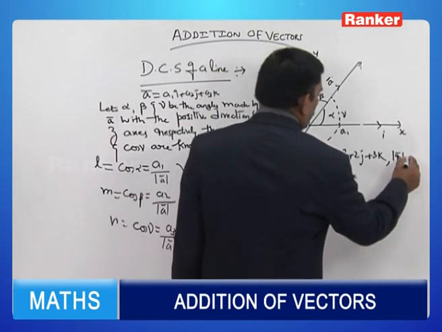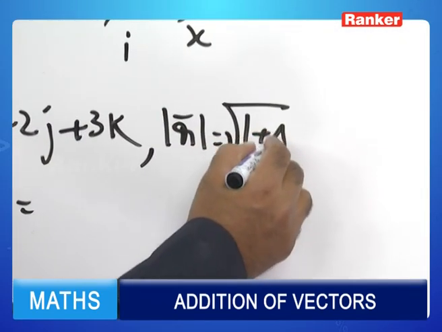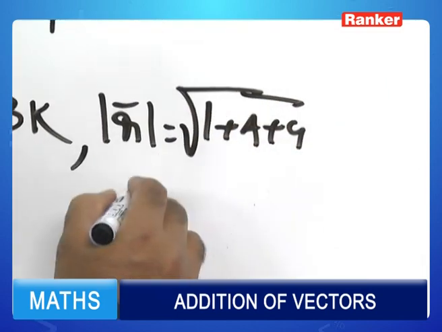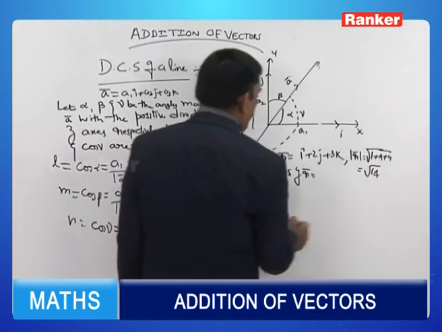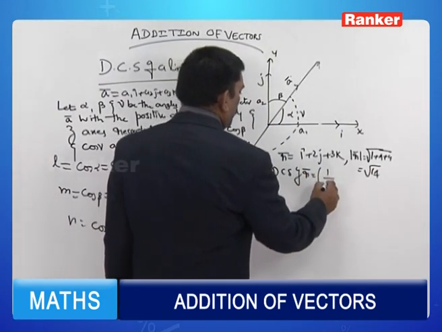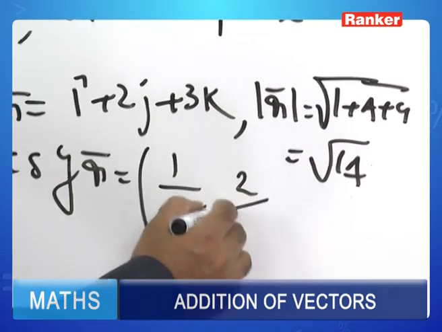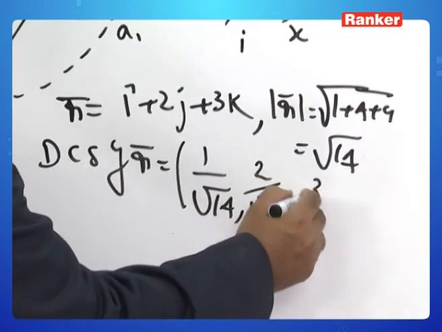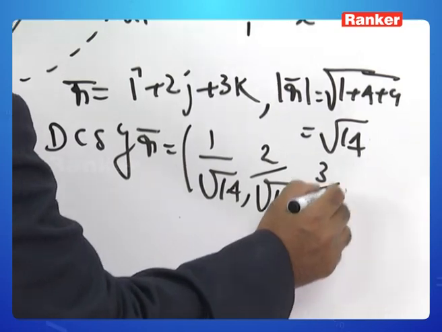This is nothing but the square root of 1 plus 4 plus 9, which is root 14. So therefore, the DCs are 1 by root 14, 2 by root 14, 3 by root 14, right?